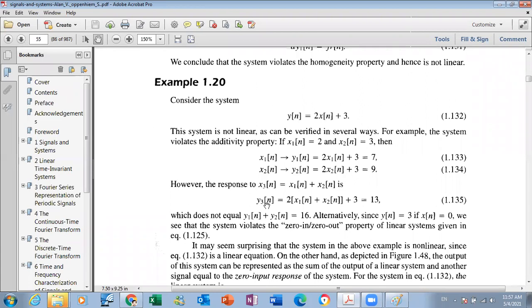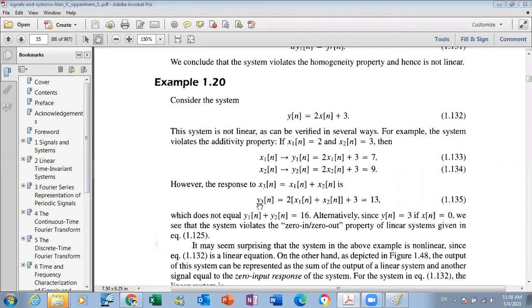So y3n is not the linear combination of 7 plus 9. 7 plus 9 is what? 16. 7 plus 9 is 16.